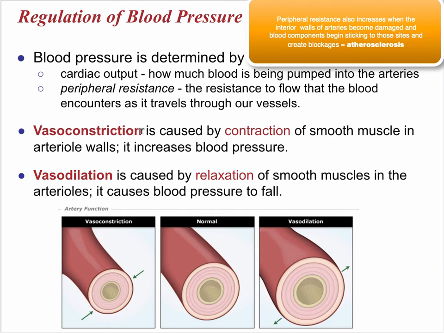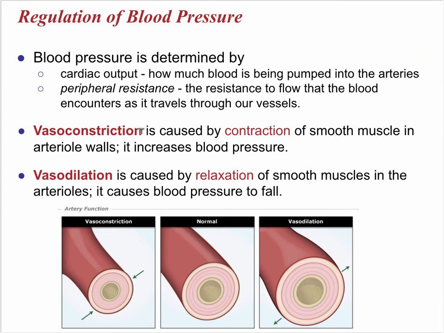And if we want to restrict the blood flow to a certain part of our body, to a certain capillary bed, we can contract those muscles in the walls of the arteries, pinching them off. And then we can also lower blood pressure by vasodilation, relaxing all of the muscle in the walls of the arteries.